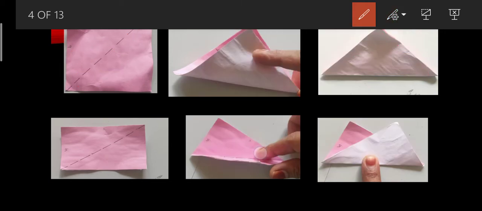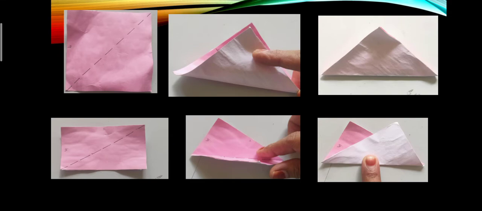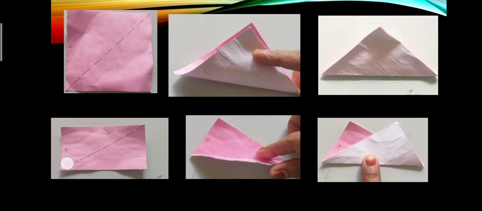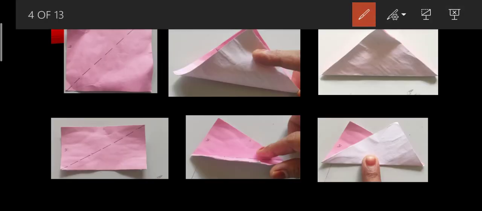Now let's check for the rectangle. For this rectangle, I have drawn one line of symmetry here. Now when I have folded the figure, see, my one half is not exactly overlapping the other half. This is visible, right? But here it was not visible.